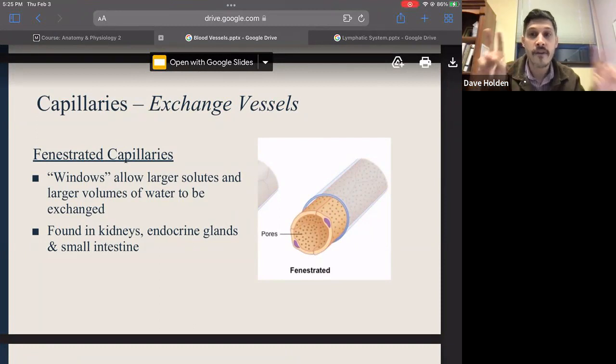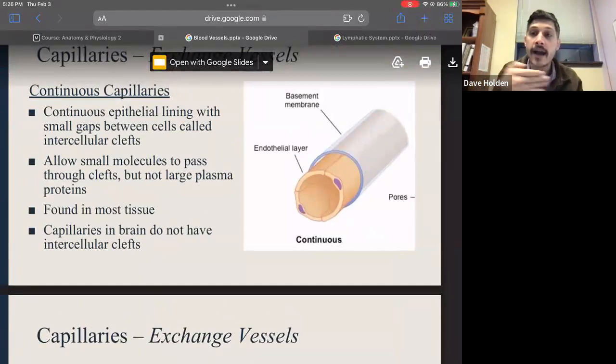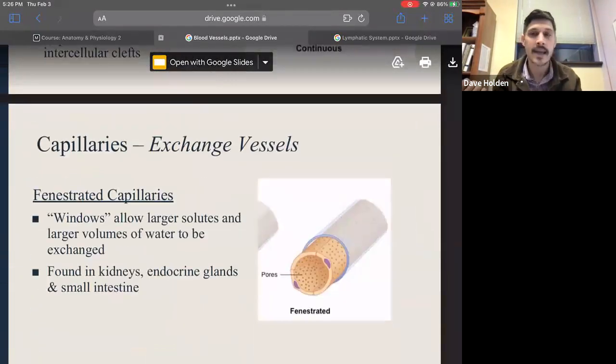Fenestrated capillaries have windows that will allow larger solutes and larger volumes of water to be exchanged. So if you have something really small, we can slip it through the crack, through the cleft. If you have something a little bit larger, you can toss it through the window in a fenestrated capillary.